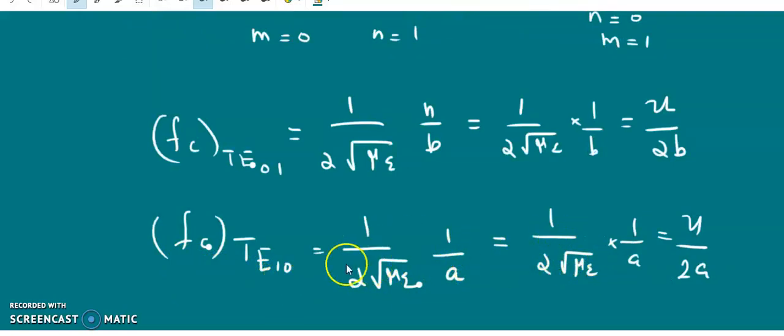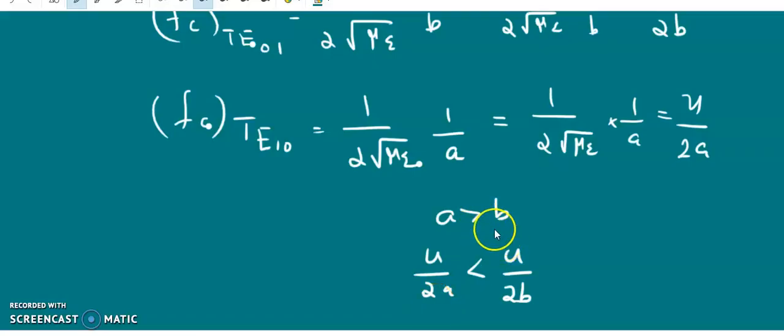And the cutoff frequency of TE10 mode can be calculated like this. Here we get that the cutoff frequency of TE10 mode is u by 2a, where u is the velocity of the electromagnetic wave in the unbounded dielectric medium. And for this configuration, a is greater than b, and the reciprocals are inversely related. u by 2a is less than u by 2b.